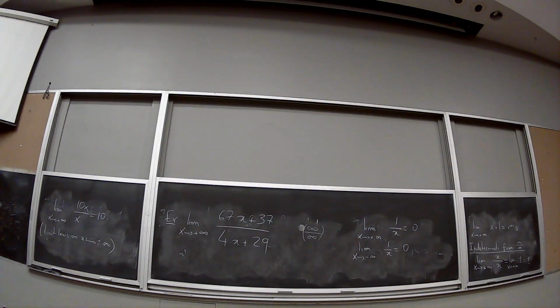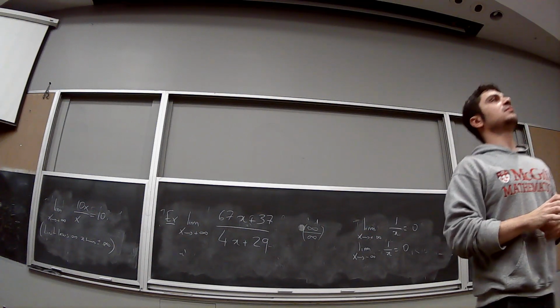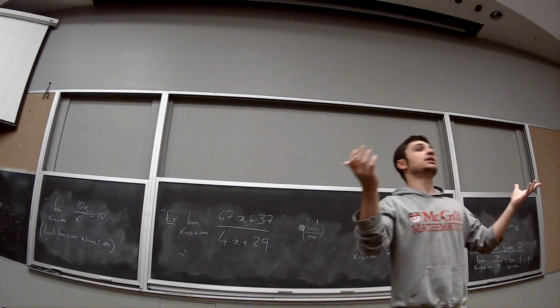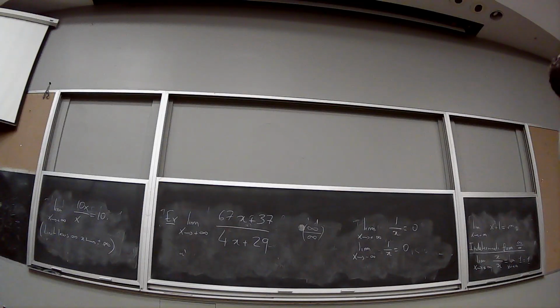Now I have to do something. Usually the trick is that you want to look at the term that dominates, the term that dictates the behavior of your numerator and of your denominator. What is the term on top that dominates the numerator? Is it the 37 or the x?